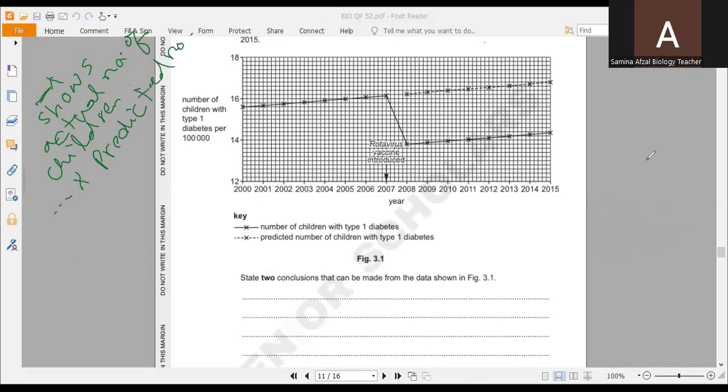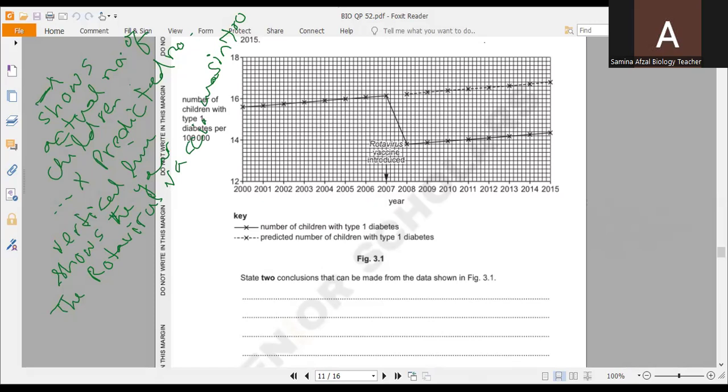And here is one vertical line. This vertical line shows the year the rotavirus vaccine was introduced. So it was introduced in 2007 to 2008.